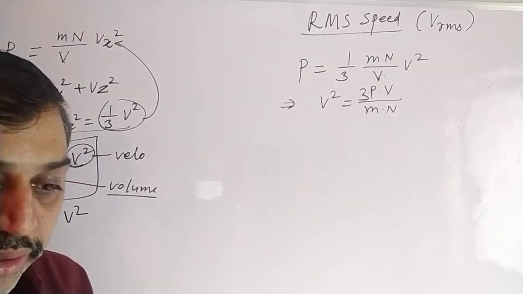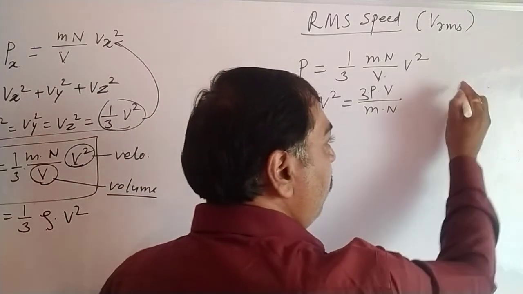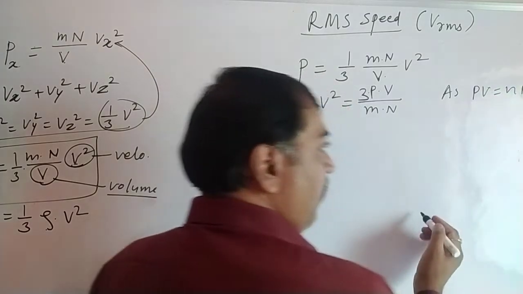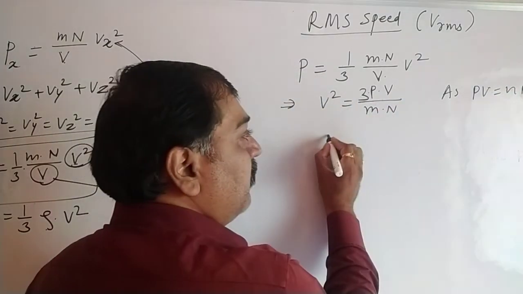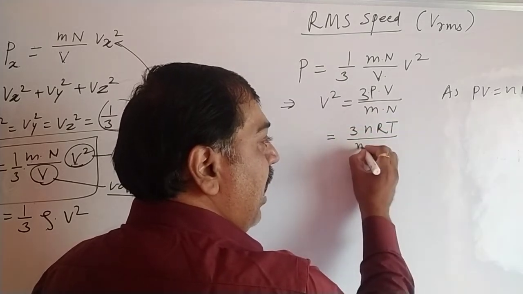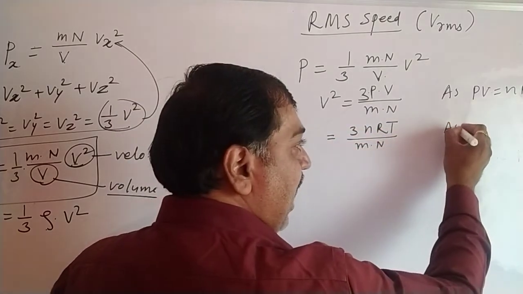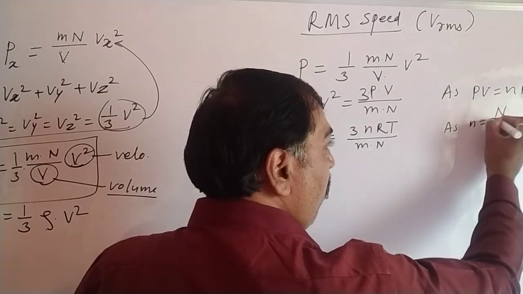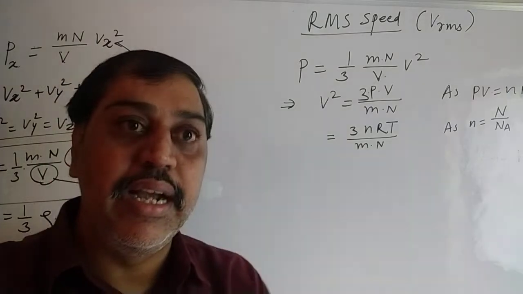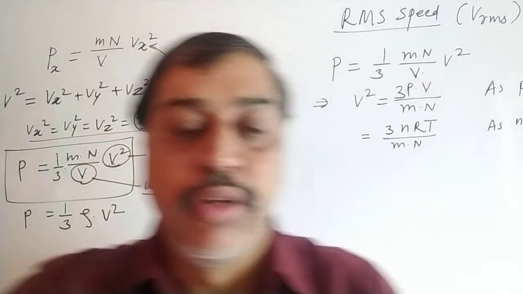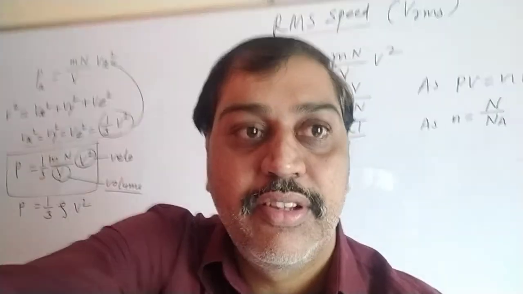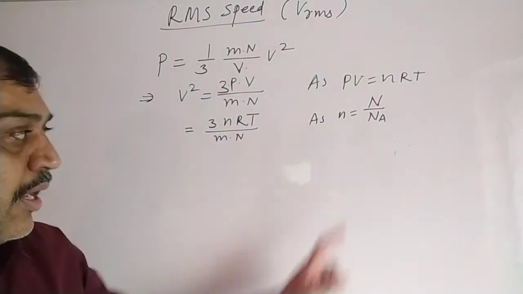Now here we know the ideal gas equation, PV equal to nRT. Put that value in the numerator, so we can write 3nRT divided by m into N. Again, the number of moles, small n, is equal to capital N divided by Na.